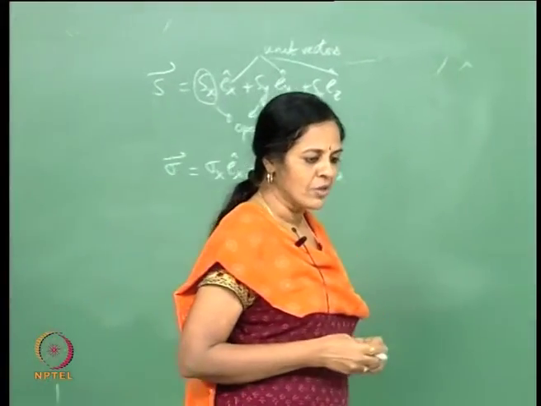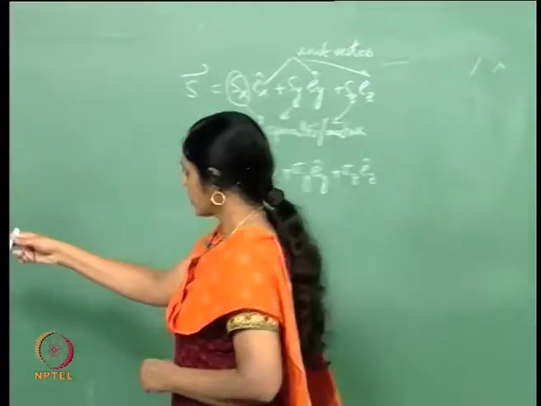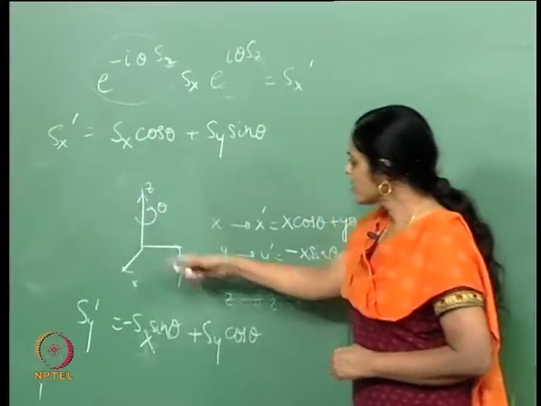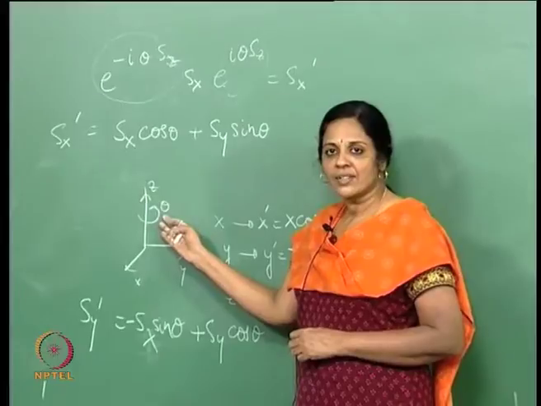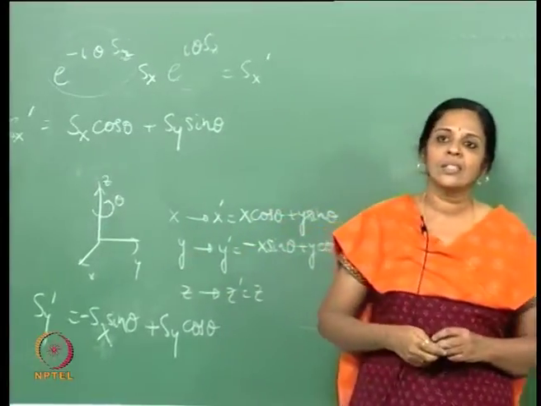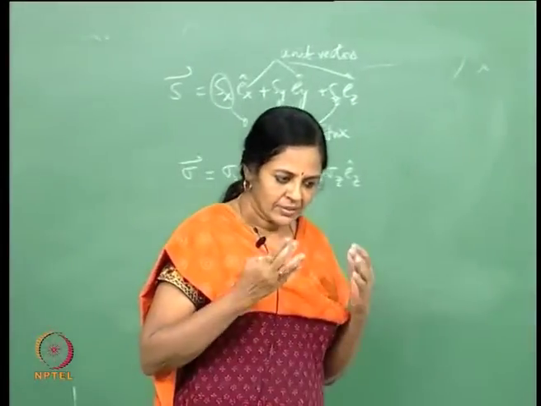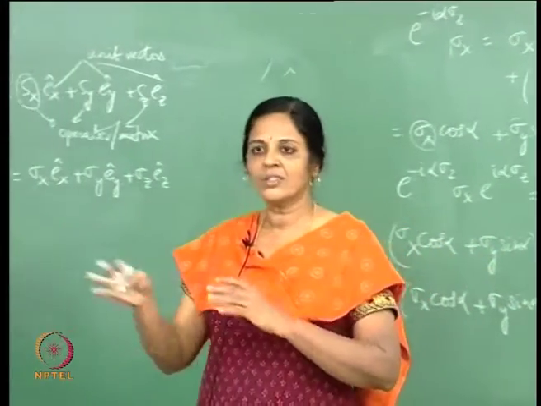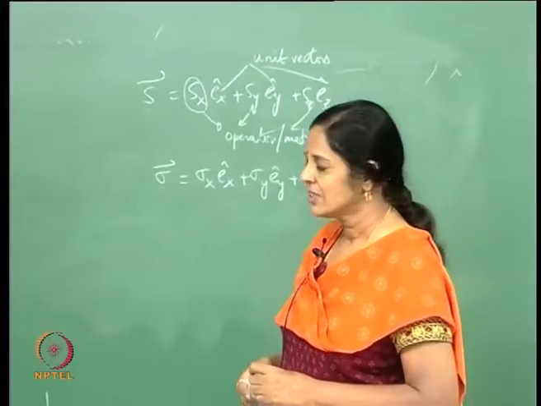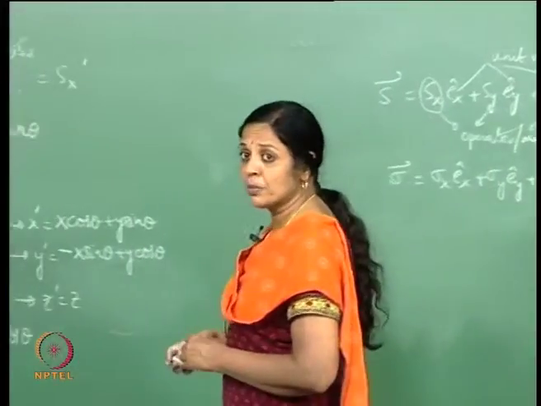Space rotations, for instance, rotation by an angle theta, it is easy to see that if one rotates by an angle theta 1 about the z axis followed by an angle theta 2 about the z axis, the net result is also a rotation about the z axis, some other value theta 1 plus theta 2. In that sense, the closure property is obeyed.